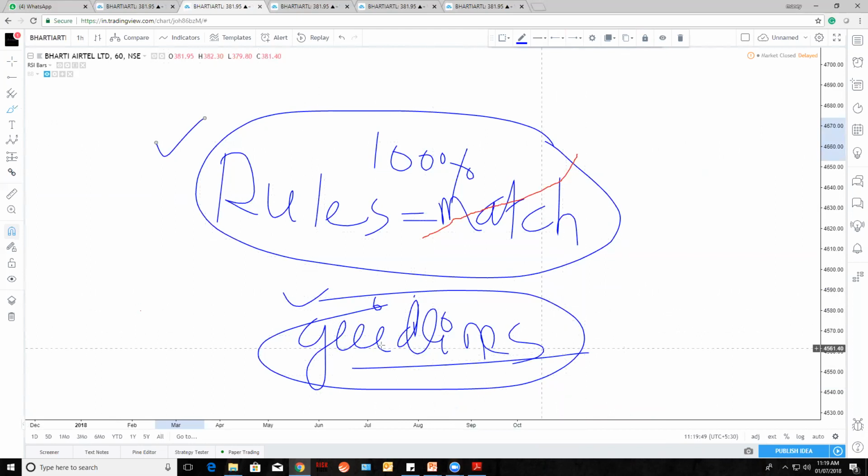It may not be 100%, but it is okay if it follows one or two of them. If it is not following, that is also okay, but the rule must be followed. The impulse wave should follow the rules, not necessarily all the guidelines, but at least one or two. We will see what those guidelines are.